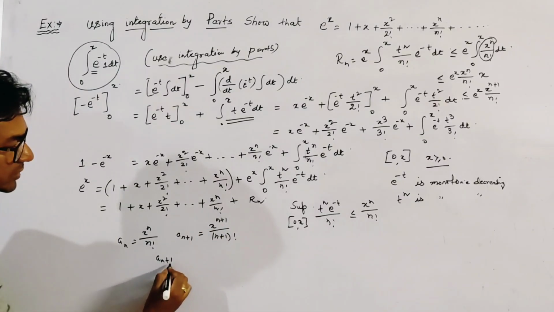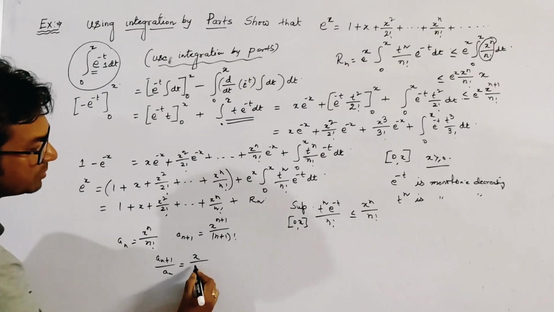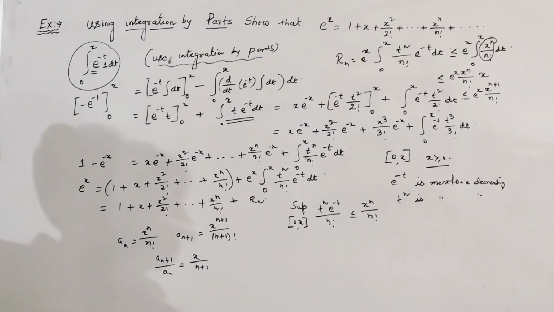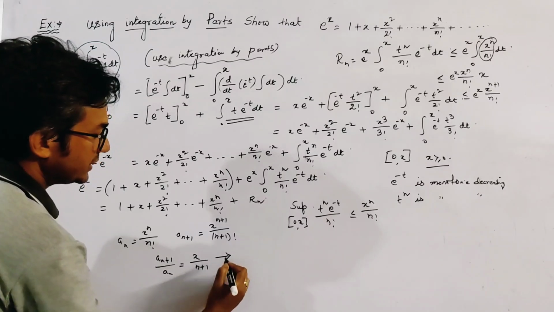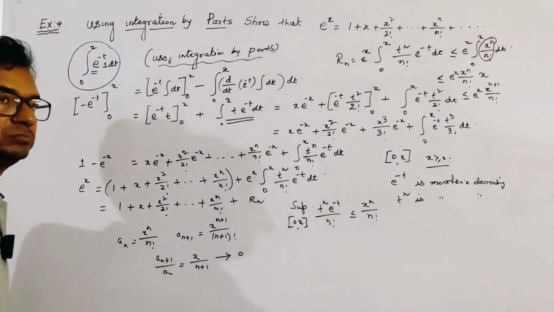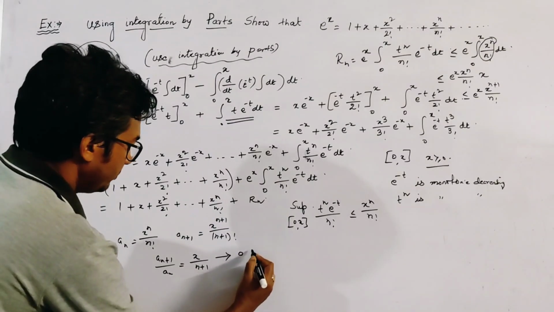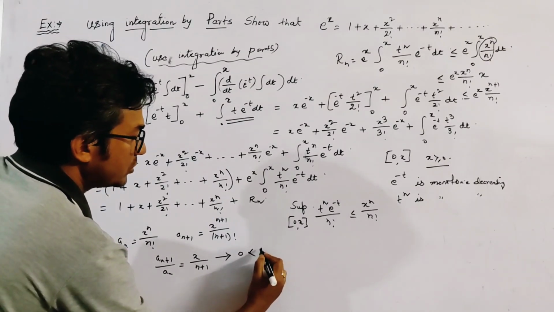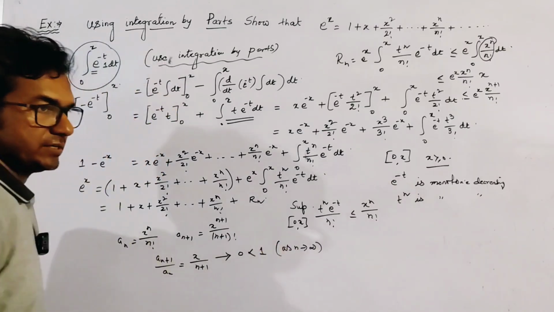Then an plus 1 by an is given by x by n plus 1, and obviously this tends to 0, which is less than 1, as n tends to infinity.